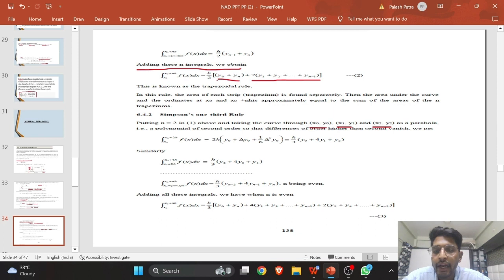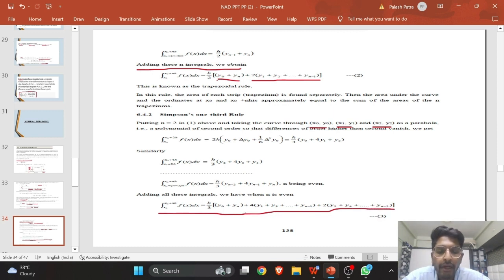At the end, we add all these terms. So we get the value of the integral as h/3 [y0 + yn + 4(y1 + y3 up to yn-1) + 2(y2 + y4 up to yn-2)].